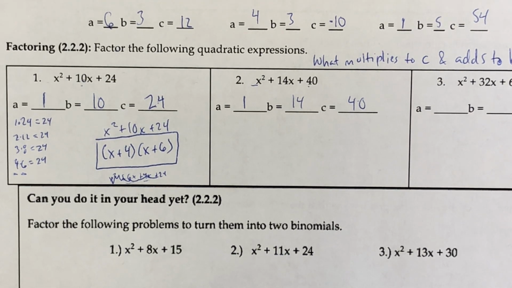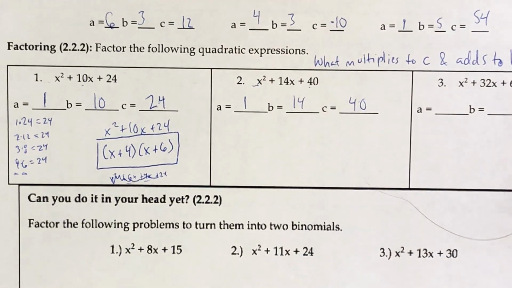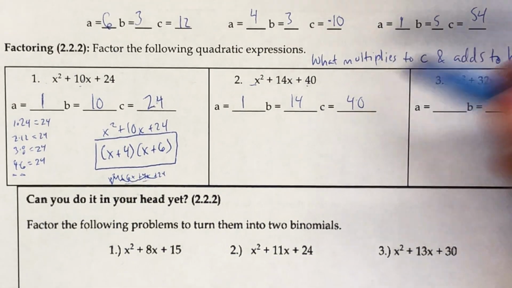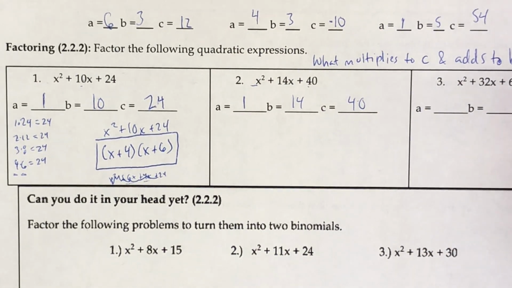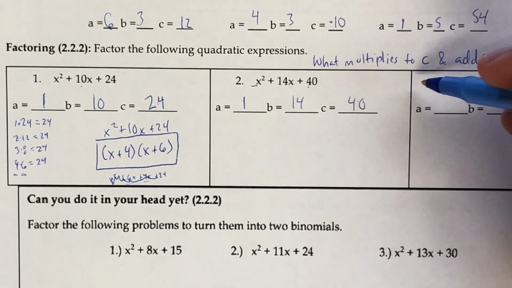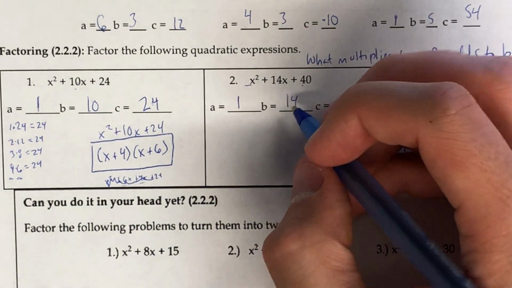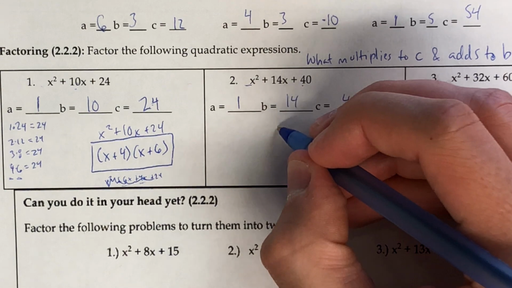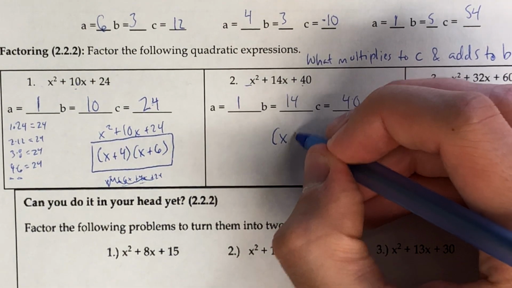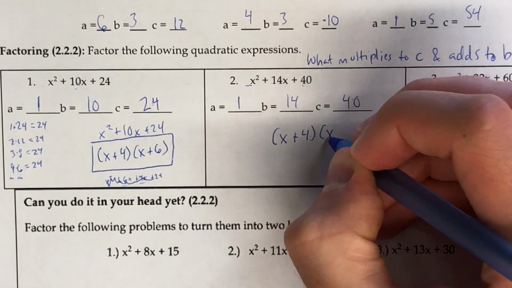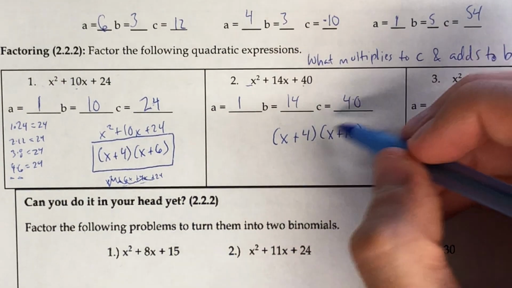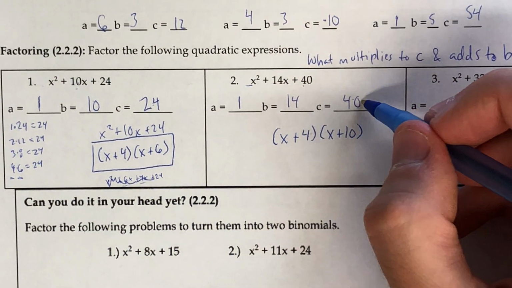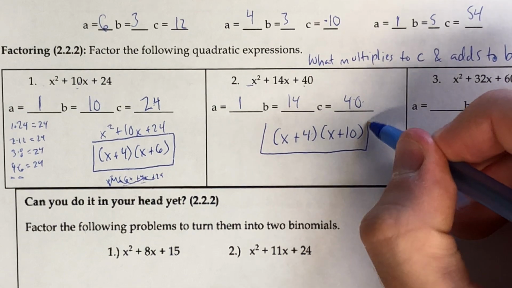So 1 times 40 is 40, but that's not 14. 2 times 20 is 40, but that's not 14. 4 times 10 is 40, and 4 plus 10 is 14. So if I want to factor this, it would become x plus 4 times x plus 10, because 4 and 10 are the numbers that multiply to 40 and add to 14.